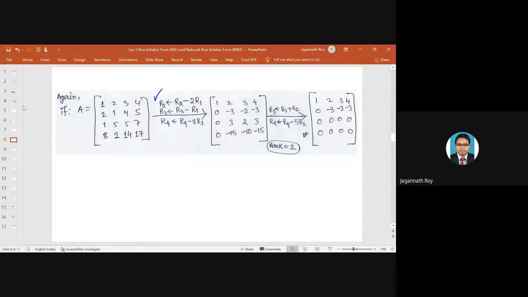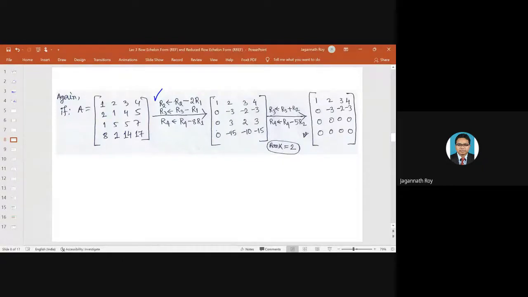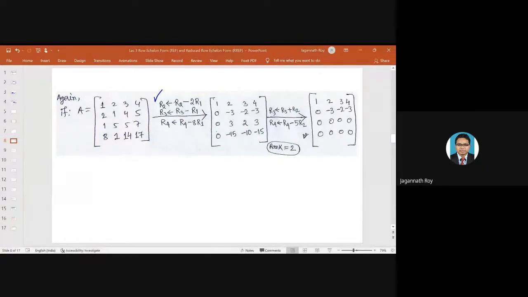Coming back to Aditi's question, in order to answer it, what can we say? I think it can be said it is in REF.